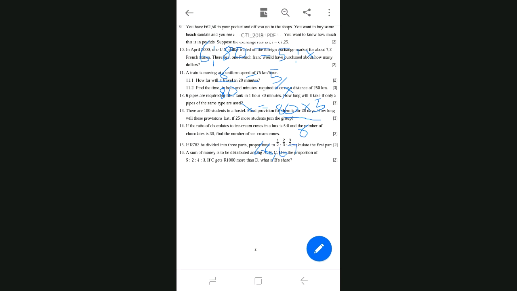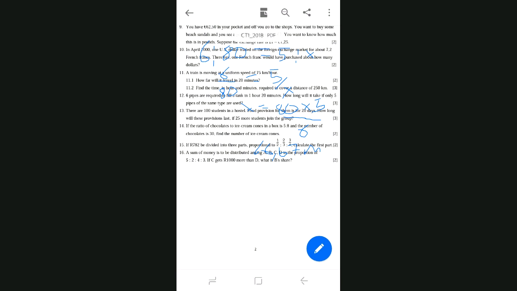Sir, I'd like to ask why 5 pipes take less time than 6 pipes. Okay, good. We are going to use another method which we will call the inverse proportion. Let's look at it this way.